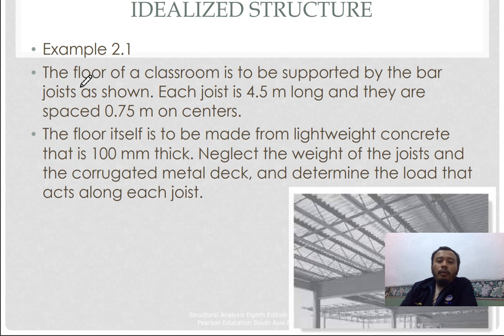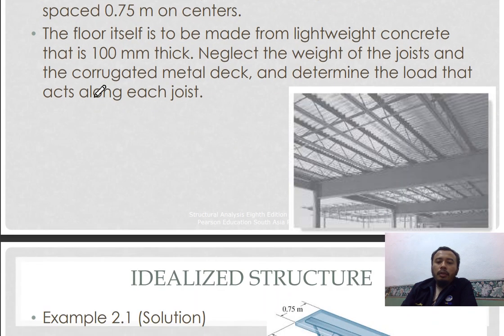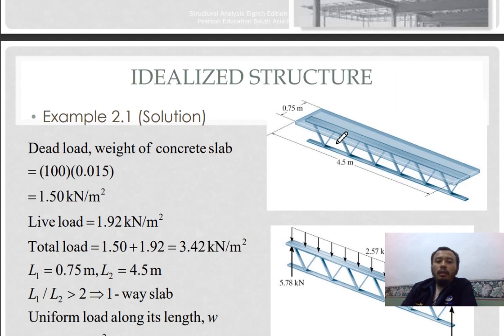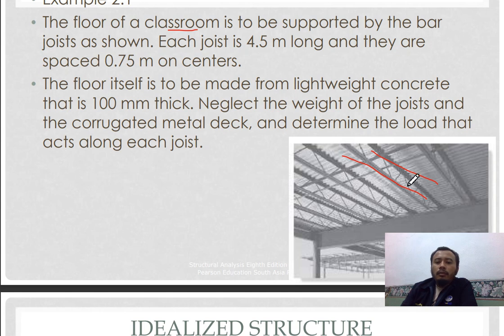Let's take a look. Example: the floor of a classroom is to be supported by the bar joists as shown. So the bar joist here. This one, joist here. It looks more like a roof. Each joist is 4.5 meters long.